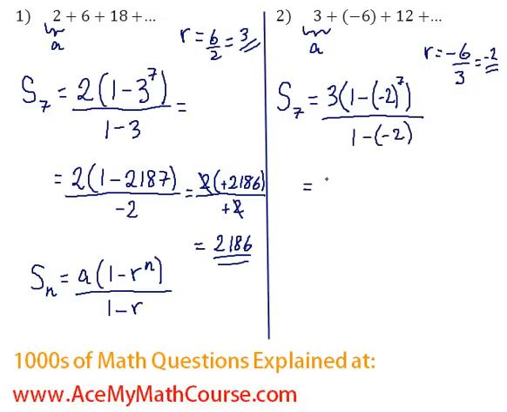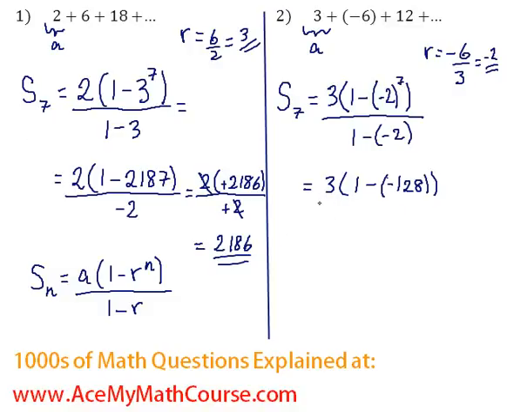Great, so we're going to get 3 times 1 minus, now 2 to the power of 7 is 128. And note that we have negative 2 to the 7, so that's going to come out as a negative number, just because 7's odd.